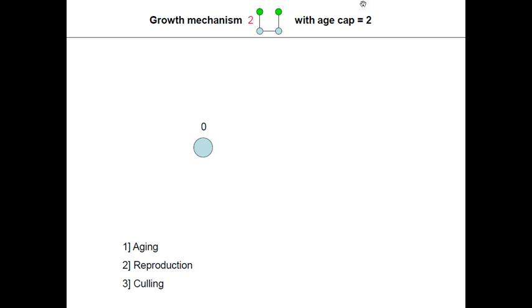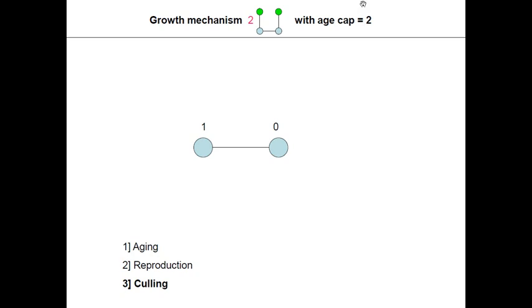So one can do quite a lot of analysis on these systems, but also when one adds this idea of death, or culling, if you like, into these systems, one sees many other interesting effects start to occur. For example, look at model 2 here, and let's see this evolving on this age cap model.